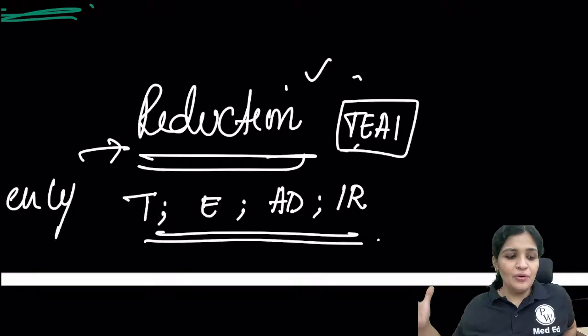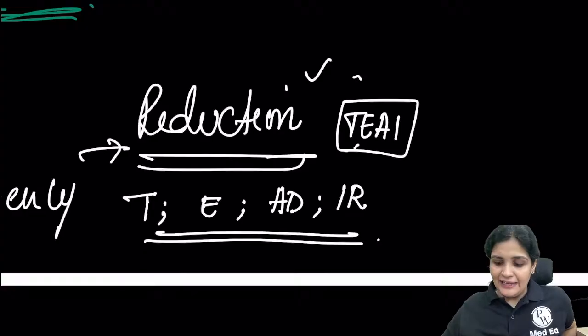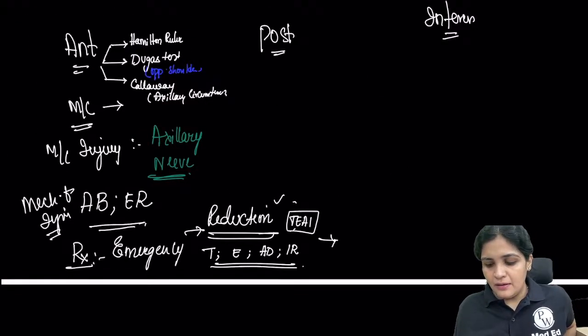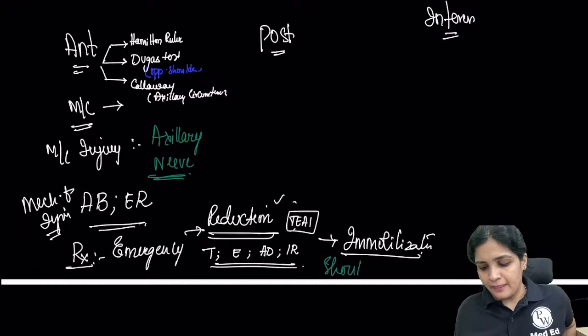Once you do the proper maneuver, what is important here? You have to touch the opposite shoulder, and then you will put in immobilization. How do you do the immobilization? With the help of a shoulder immobilizer.